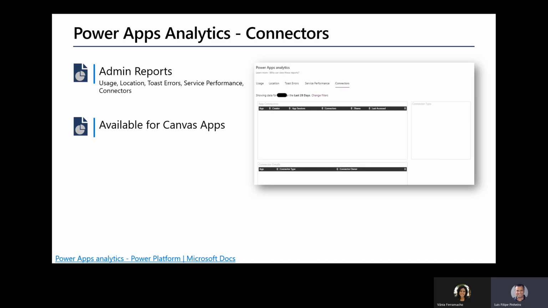And admins can get insight into the number of connectors associated with each app, specific connectors being used by each app, and the owners of the connector. It also provides information about the number of times the app has been shared, the number of app sessions, and the last access time for visibility into high usage apps and connectors.